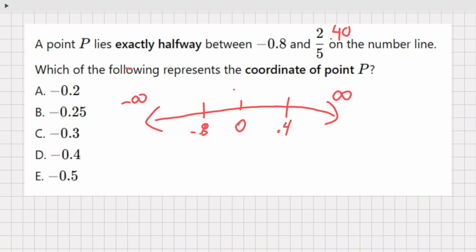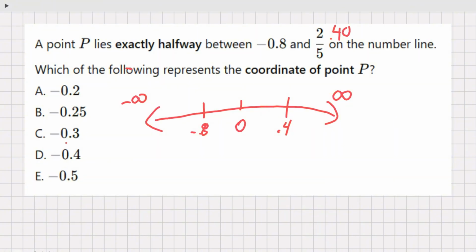Obviously, this is not to scale, but you're looking for a number that is halfway between these two numbers on the number line. Now, you could count this out, and that would be perfectly valid. Honestly, you could draw this and try to eyeball it. Whatever works.